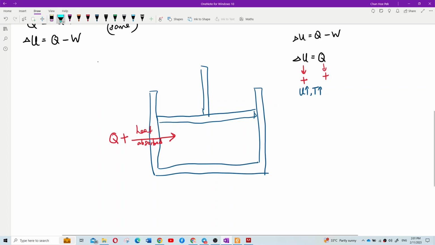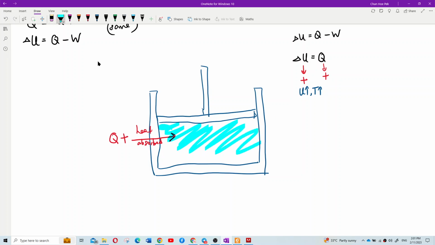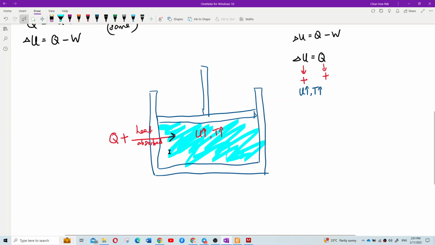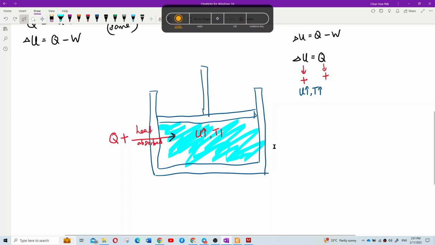The gas here. There is a gas inside. So the internal energy will increase, temperature will increase. Understand, class? Heat absorbed. Good.